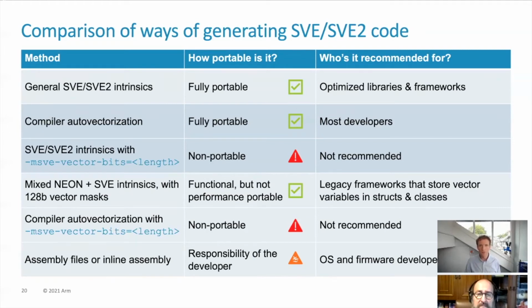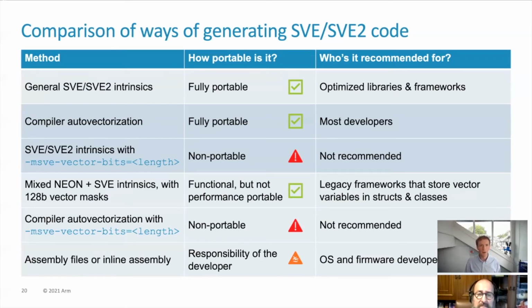For users without vector intrinsics in their code, the simplest way of making use of SVE2 is to rely on your compiler to optimize your scalar code using auto-vectorization. GCC has mature SVE2 auto-vectorization today, as has ARM compiler for Linux, our commercial compiler.